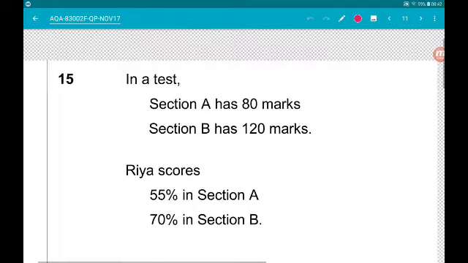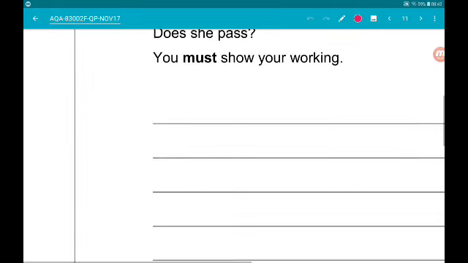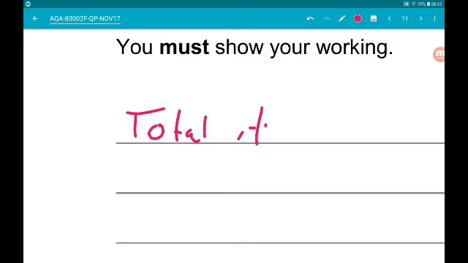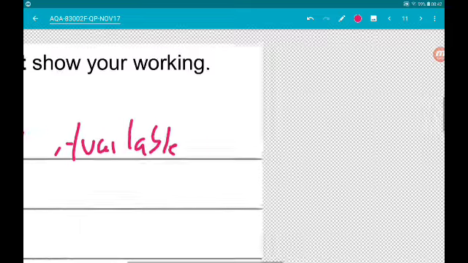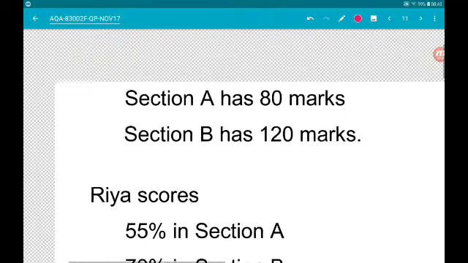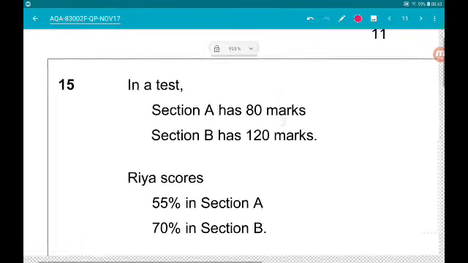Okay, so let's work out what the pass mark would be. So the total available marks, well, that's going to be 80 add 120.